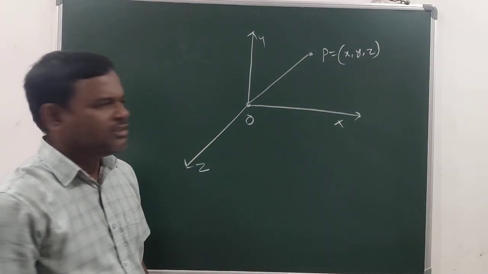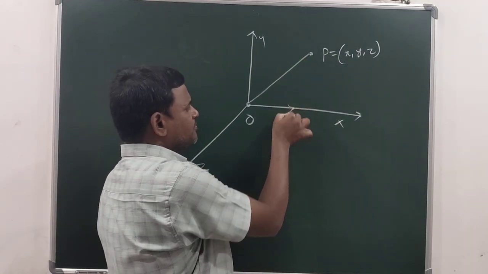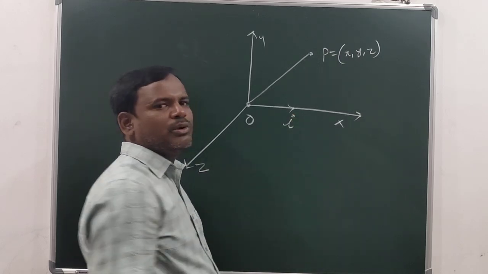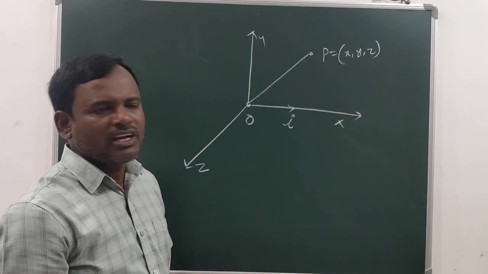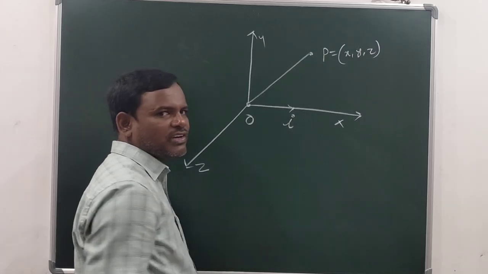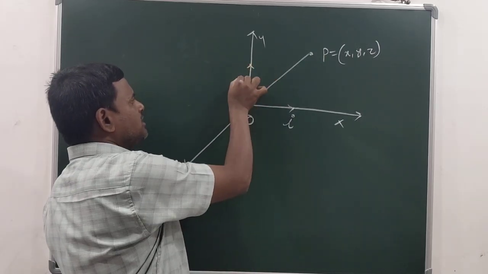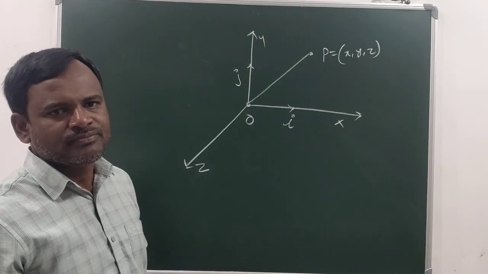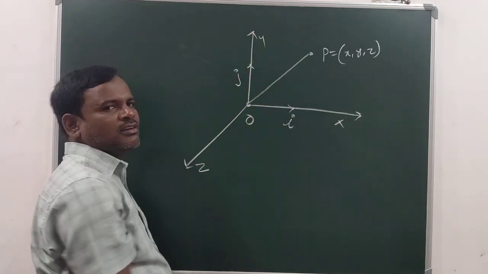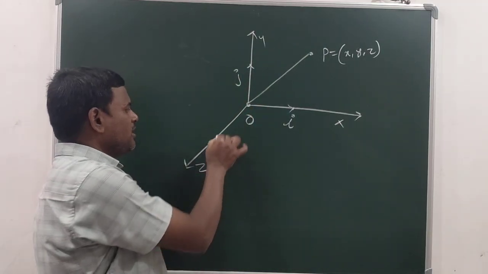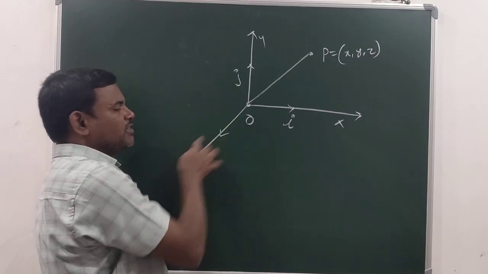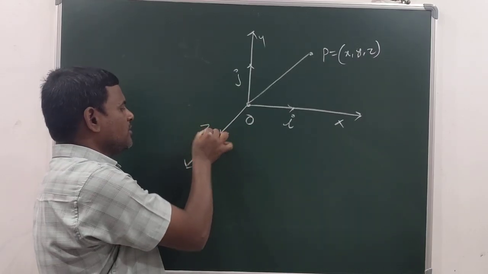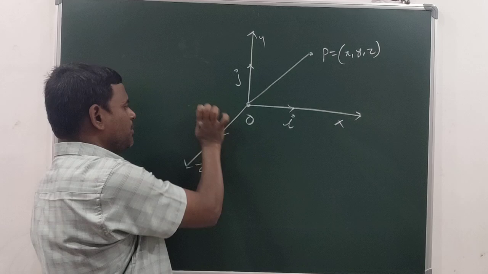How do we write it? Let us consider i as a unit vector which acts along the positive direction of the x-axis, and j is also a unit vector, meaning whose magnitude is 1, acting along the positive direction of y, and this one along the positive direction of the z-axis. Let it be k.